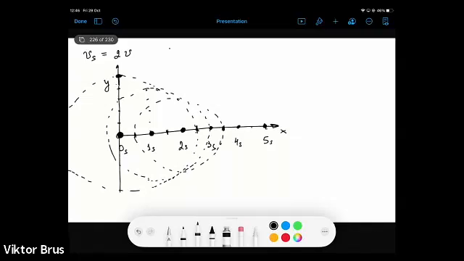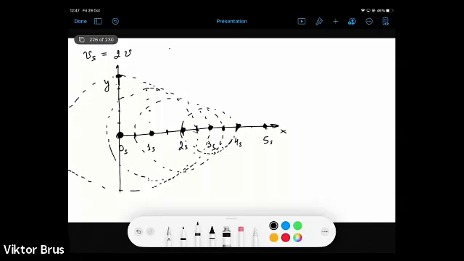Then we have second 3. And from second 3, we have only 2 seconds for sound to travel. So it will be 1, 2 up here and 1, 2 up here. So that is this circle.